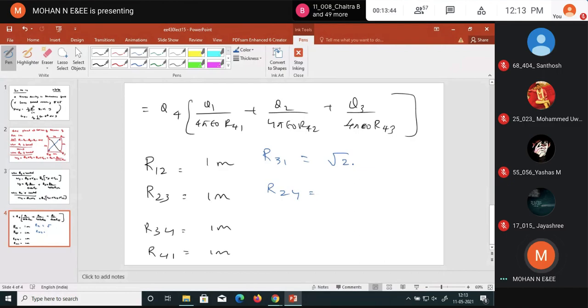So R31 and R24 are the lengths of the diagonals, which is square root of 2, the hypotenuse.